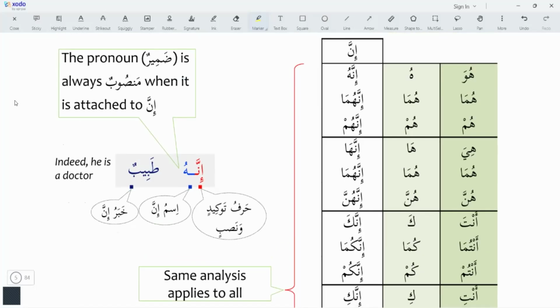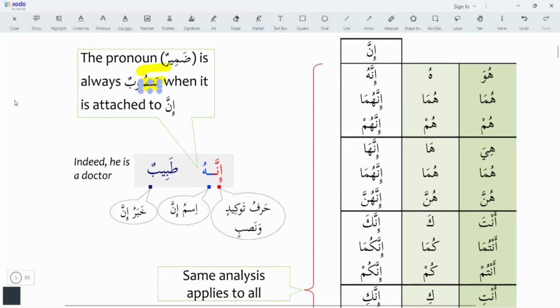The attached pronouns are always mansub. When we attach inna with the pronouns, they are always mansub.